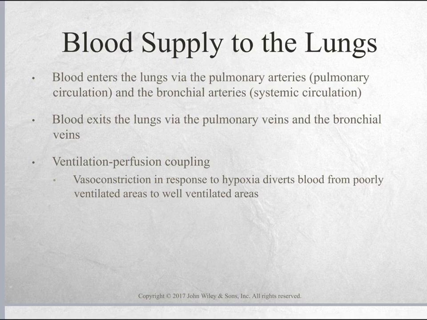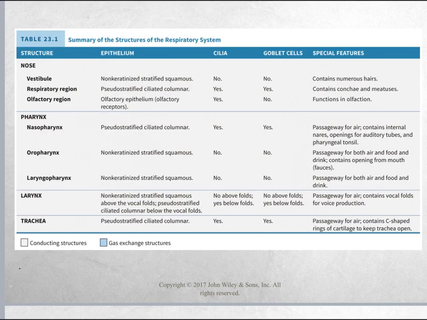If our body is detecting hypoxia, low oxygen concentrations, we're going to divert blood from the areas that aren't getting much oxygen to the blood and divert it to areas that are delivering a lot of oxygen, or well-ventilated areas. So it's an interesting phenomenon that our body has the ability to divert blood from poorly ventilated areas to well-ventilated areas, depending on detected conditions such as hypoxia.